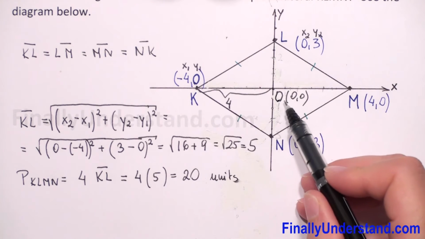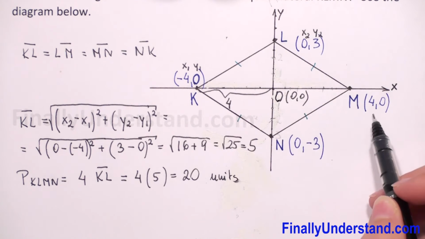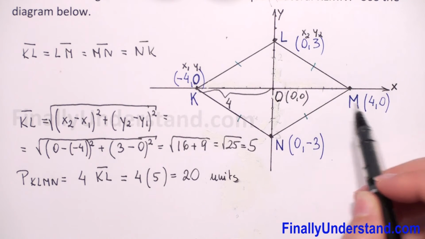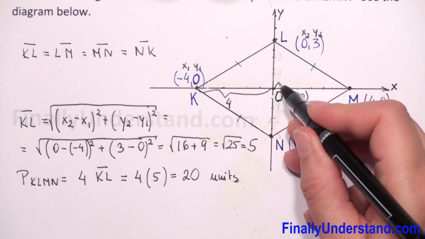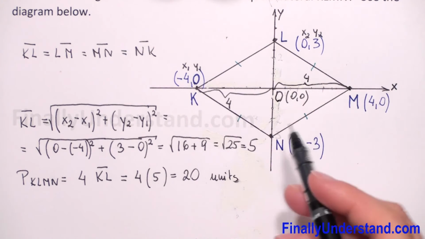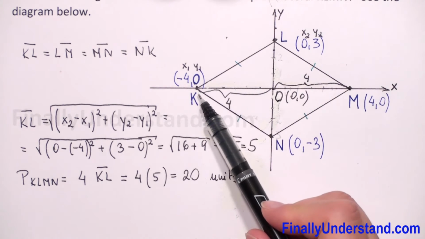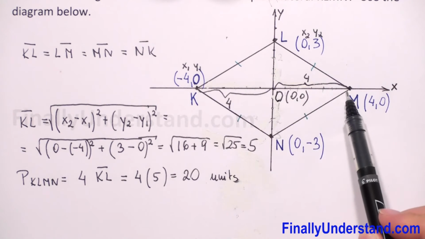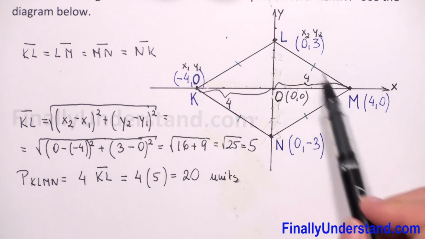And on the other side, from O to M, the first coordinate is 4, so it is 4 too. This distance is 4.